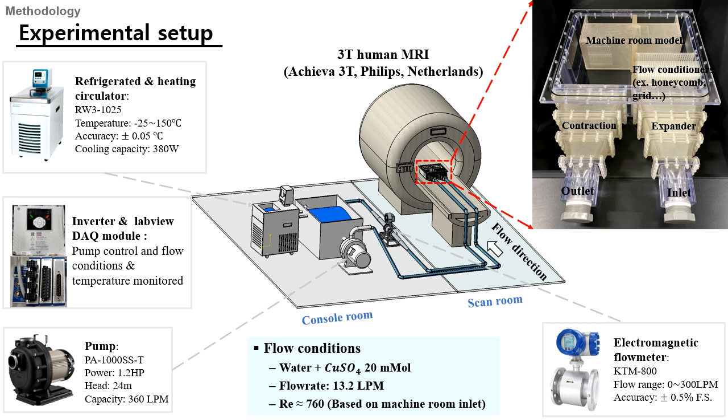To suppress any disturbance caused by the incoming flow to the machine room model, we inserted a flow conditioner to the right of the reservoir. The flow enters from the red inlet, passes through the flow conditioner and machine room model, and exits at the left outlet. As a working fluid, a copper sulfate aqueous solution is used instead of air. The flow rate was set to 13.2 rpm to make a Reynolds similarity.